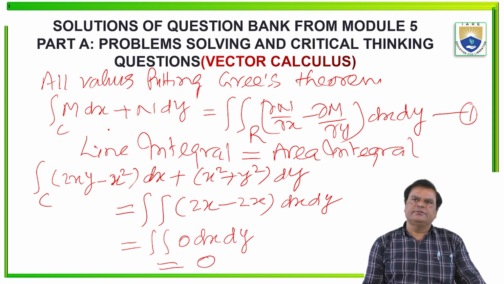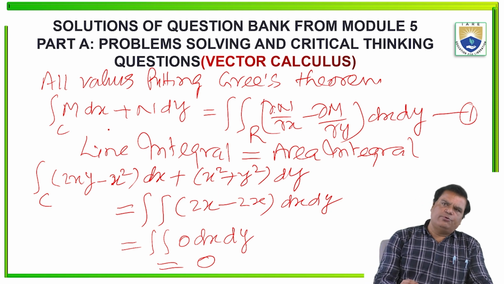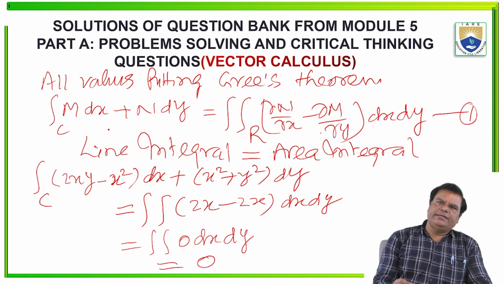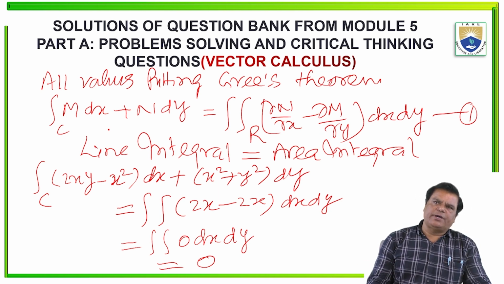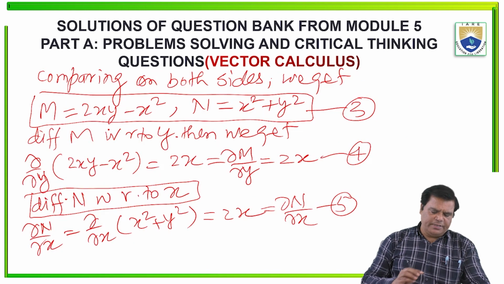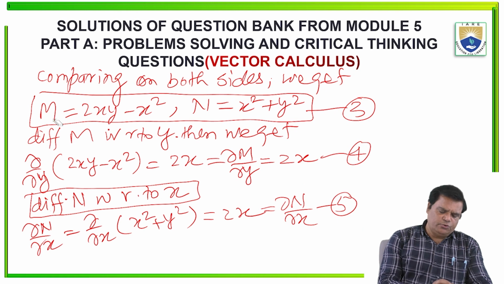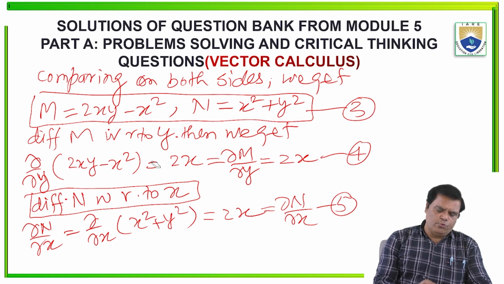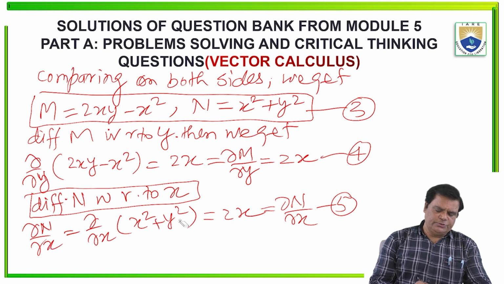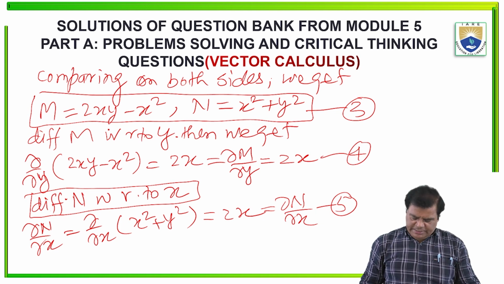Here ∂N/∂x minus ∂M/∂y, where N is x square plus y square. If we interchange, what happens? The 2y terms cancel, so the result is 0.